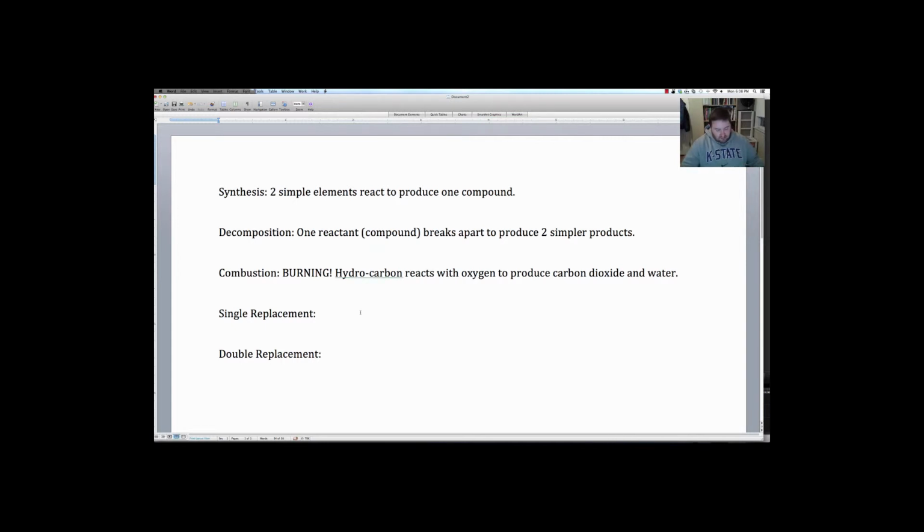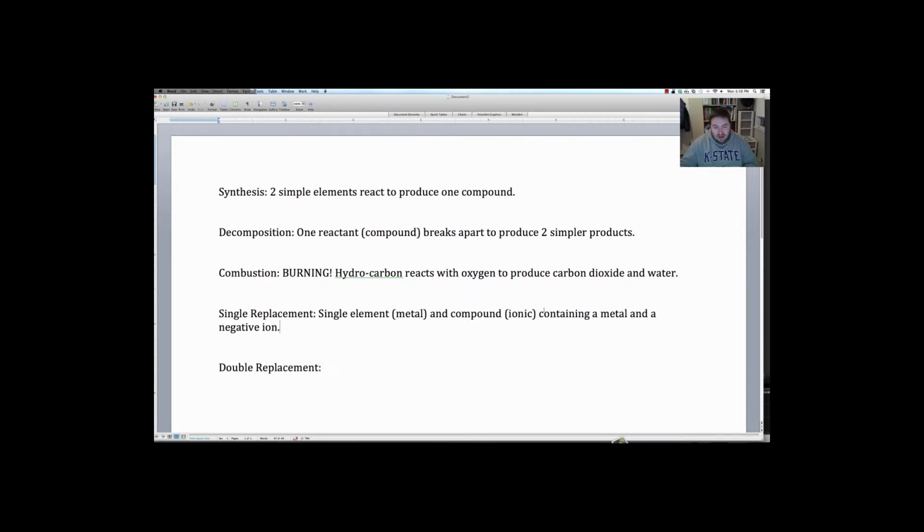So next, in our single replacement reaction, we usually have a single element, which 99.9% of the time is going to be a metal, and a compound, which is going to be ionic, containing a metal and a negative ion.